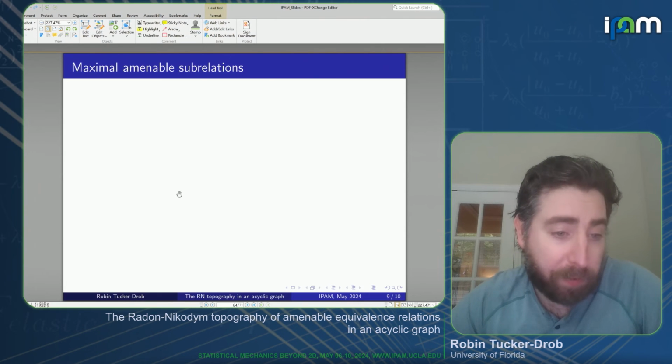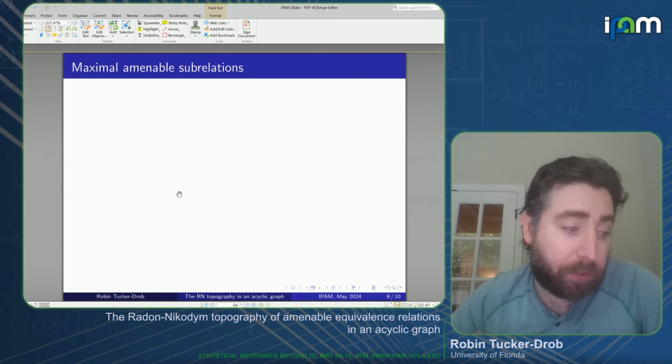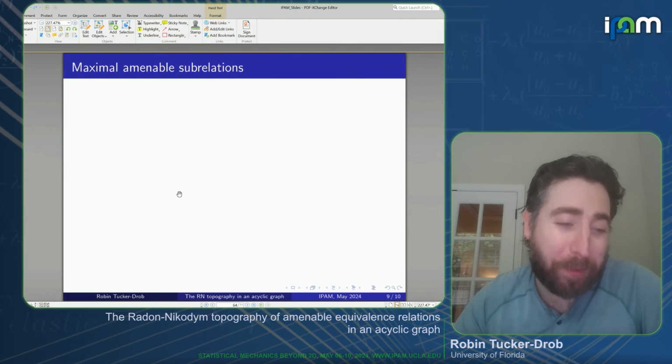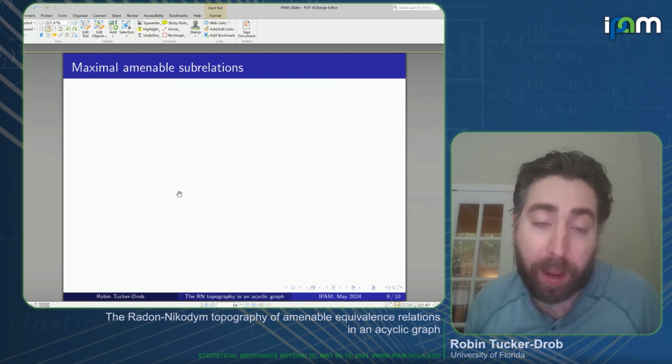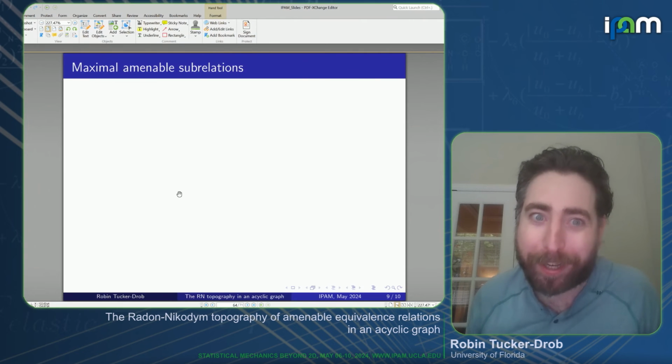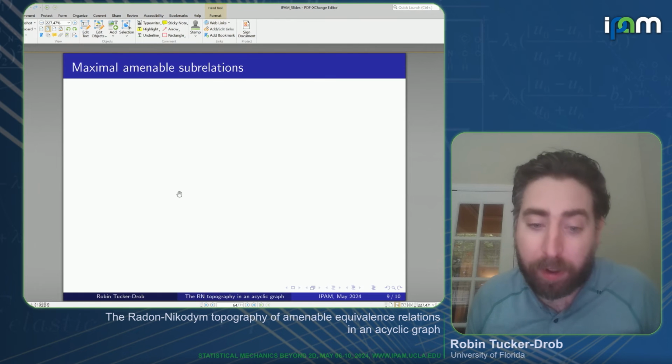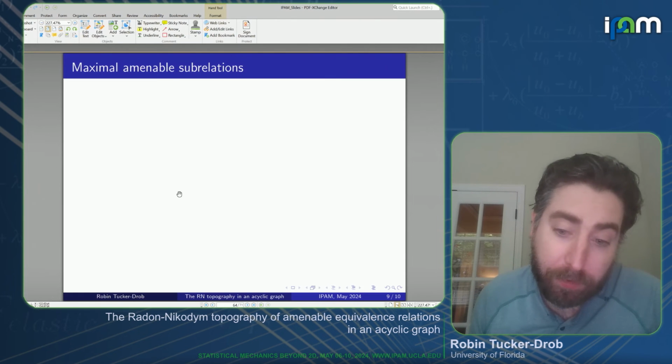The proofs of the results I'm about to state are of the same flavor. The statements don't require a tree to be fixed, which is what I like. The proofs in the end, though, do. You fix a tree, and then analyze how the Radon-Nikodym cocycle of the equivalence relation relates to the tree.